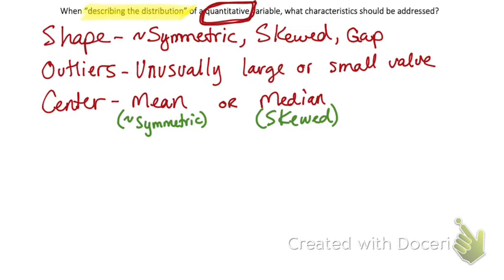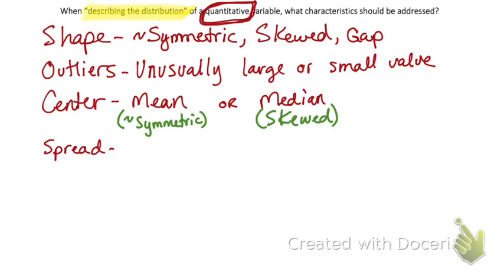And then our spread. Anytime we are trying to describe a distribution, we want to talk about the spread. There's lots of ways to talk about how spread out the data is, one of which is range. The problem with range is that it is a single number that tells you the difference between the low and the high, and it doesn't really tell us where on the number line the data is.